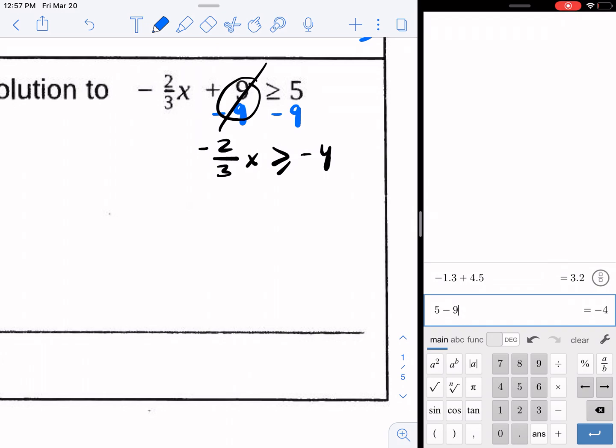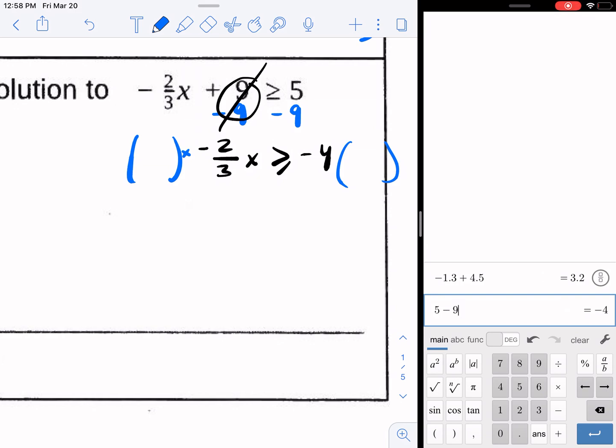It'll look like this. And that's a complex fraction. I could do that, but here's an easier way. And so, instead of dividing, we're going to multiply both sides by the reciprocal.